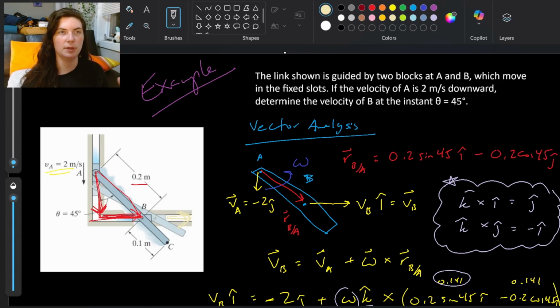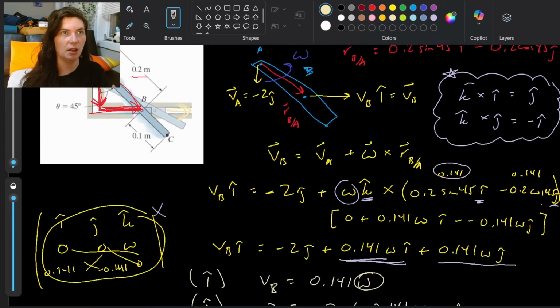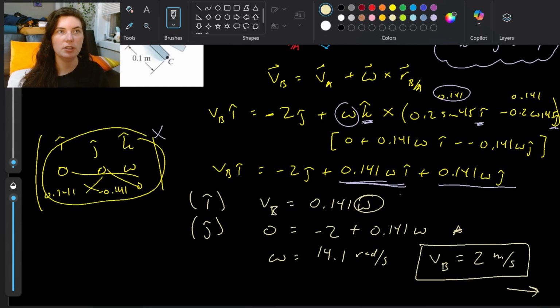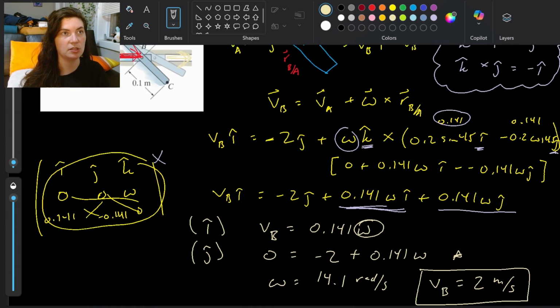So that's the process with this vector analysis. You're going to write out all your components, put them into your equation in the Cartesian form, then separate out your i's and your j's, and you should be able to solve for what you're looking for, whether that's your velocity or angular velocity. Any of those velocities you should be able to solve for.